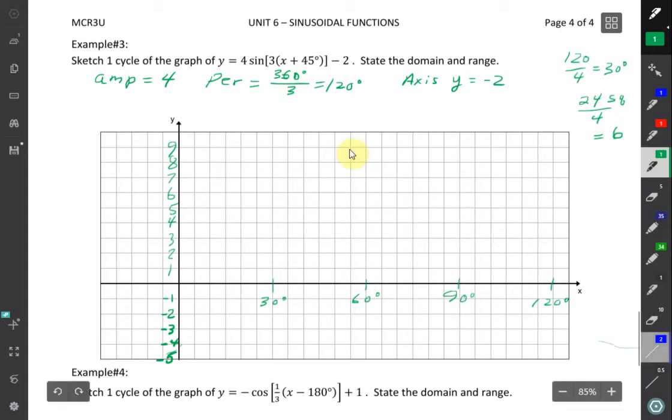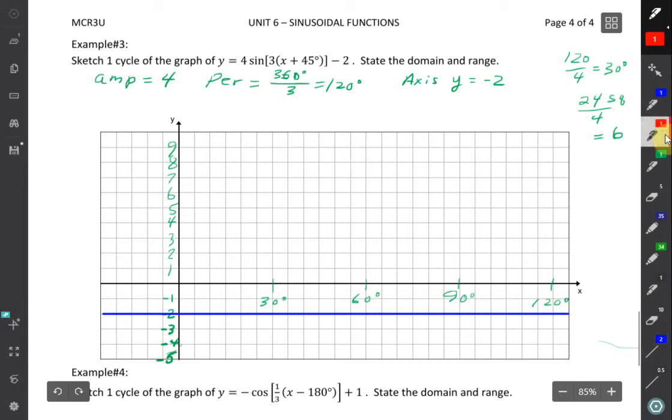Now I'm going to put my axis in at y equals -2. Now, it turns out that this goes off the graph, so we're just going to come down here. Actually, I'm going to add in another line down at the bottom here.